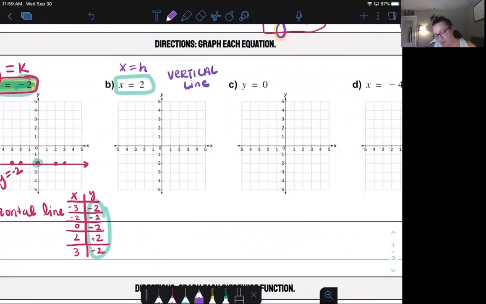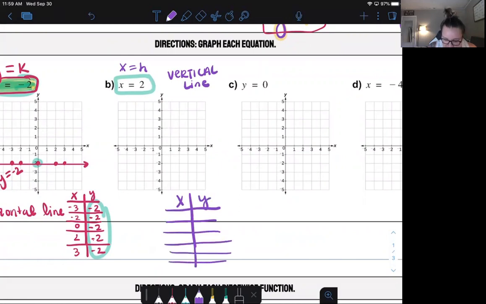And let's see if we can figure out what that vertical line is going to look like. Well, let's make a table, just like we did before. And this time for our table, we already know that x is equal to 2. So we need some y values. Well, for my y values, let's do like -3, -2, 0, 2, and 3.